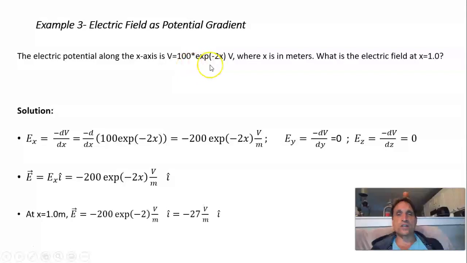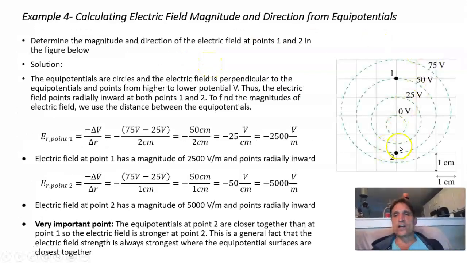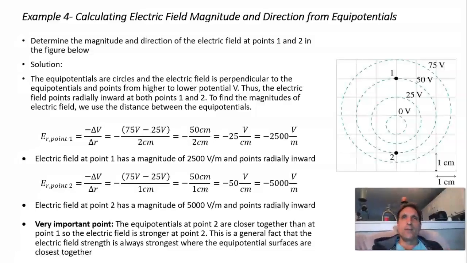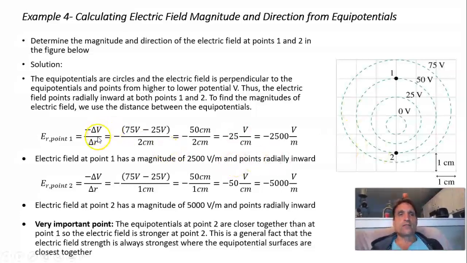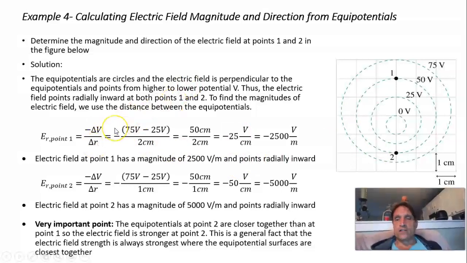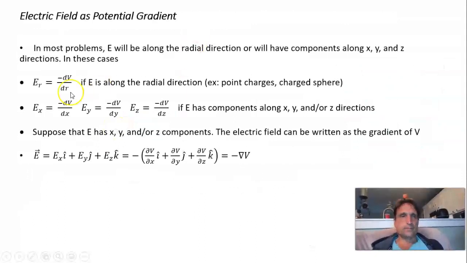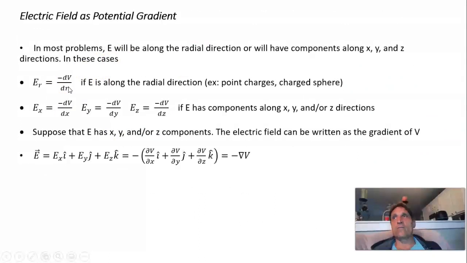Here you're just doing a differential using the equipotentials. There's another example I'm going to give you on the homework: if you have a plot of V versus r, the electric field along a given direction is just the derivative, which is the slope of that line at a given point.